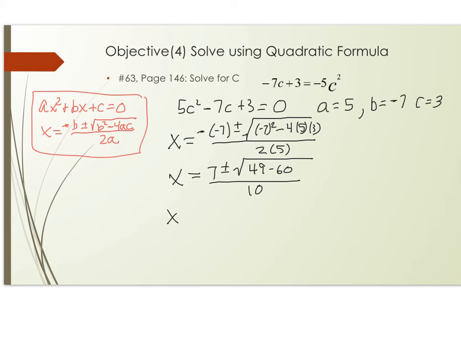So x is equal to 7 plus or minus the square root of negative 11 over 10. And we can rewrite this as x equals 7 plus or minus the square root of 11i, all over 10.